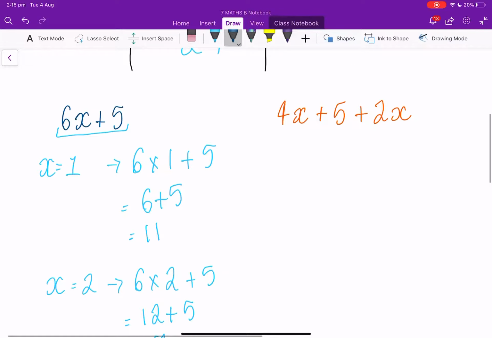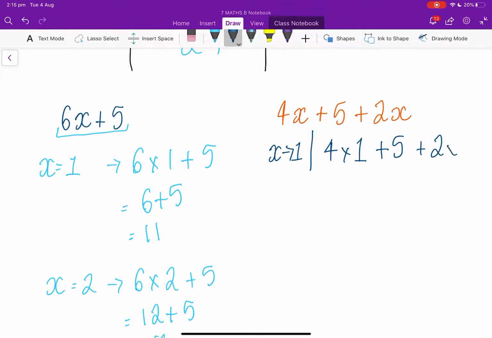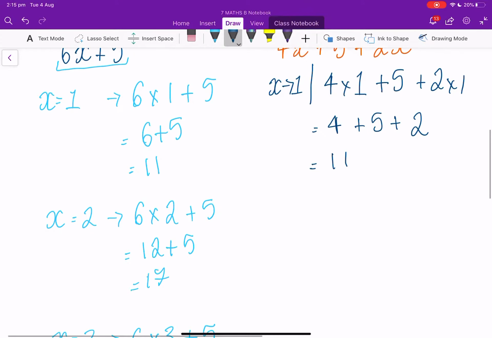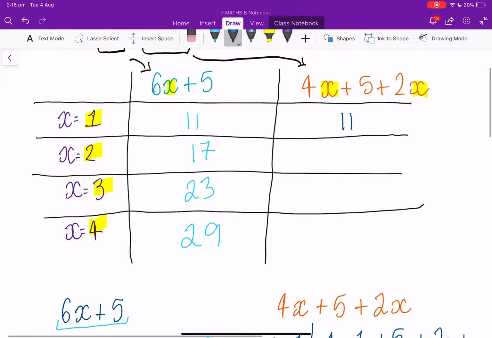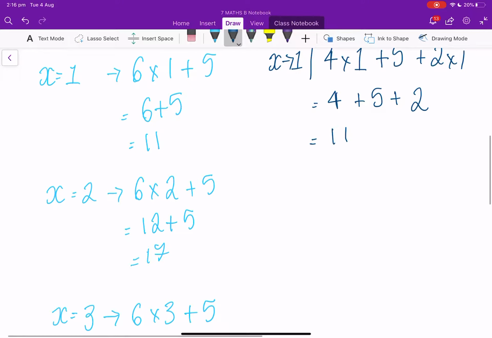So for when x equals 1, 4 times 1 plus 5 plus 2 times 1. 4 times 1 is 4 plus 5 plus 2. And then my answer is going to be 11. Okay, I'll put that up there already. So that's the same. Okay.